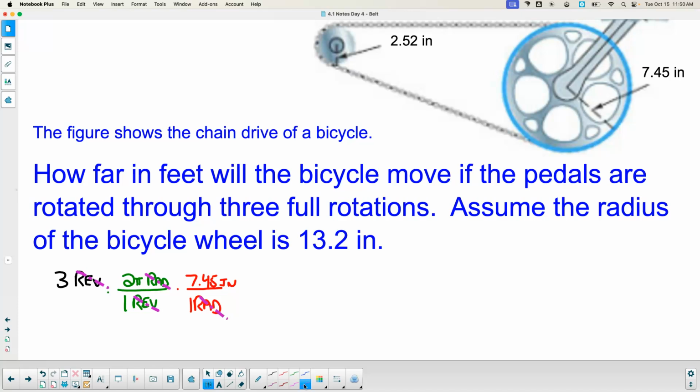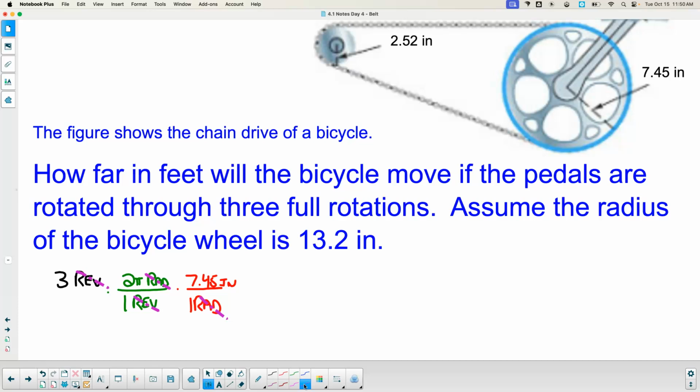So the chain has moved how far? This many inches, right? Okay? Which means the chain around the pedal has moved that many inches, which means the chain around the wheel sprocket has moved that many inches. Correct?